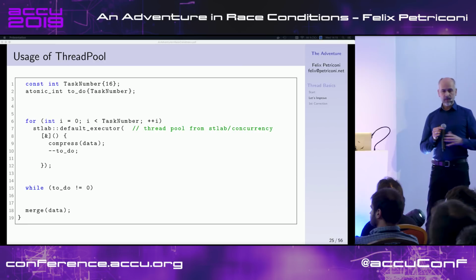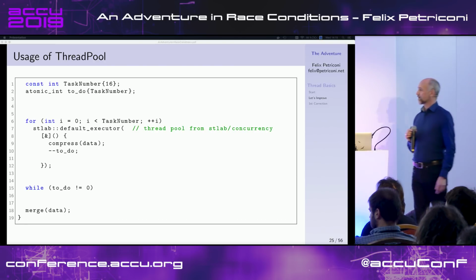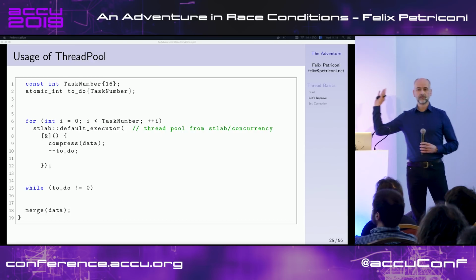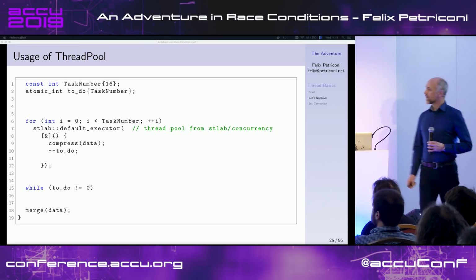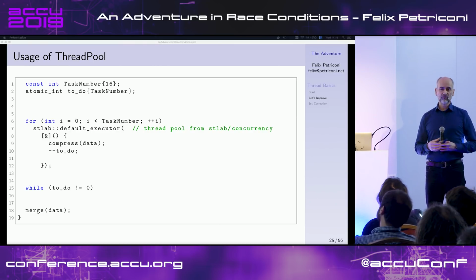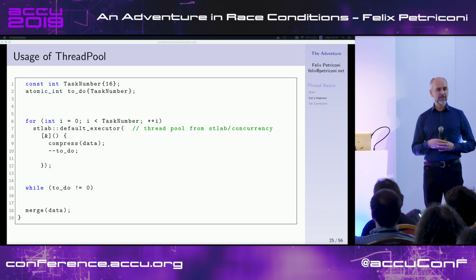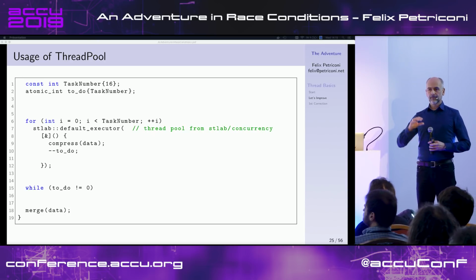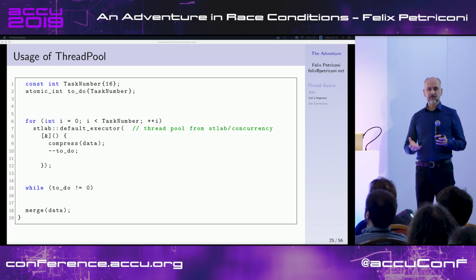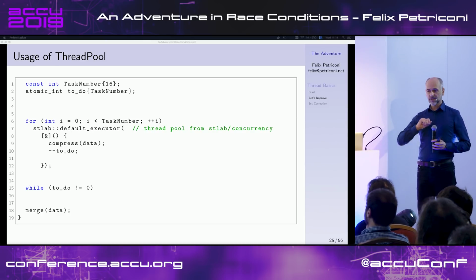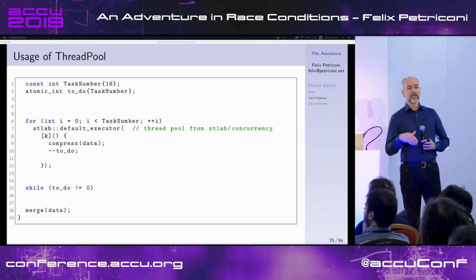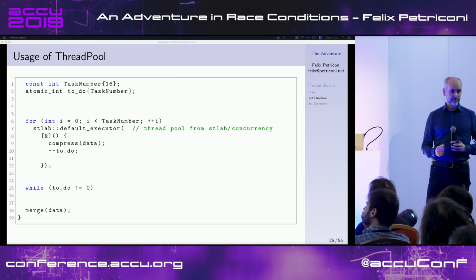So we came up with the idea to use a thread pool. Who is not familiar with the concept of a thread pool? Okay, a thread pool is a machine which is hopefully provided by your operating system, and you just give it a task, so that's a function with no return value, and whenever the next slot is available, it does the computation.